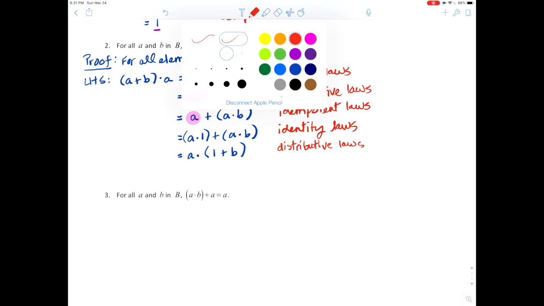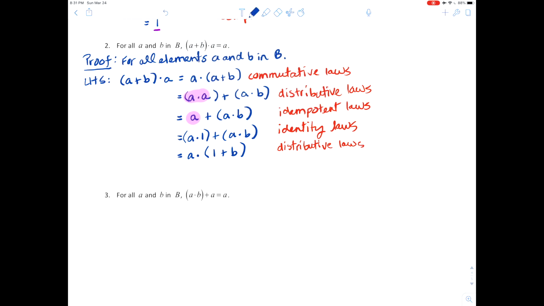And then next up, what will we have? Well, if we commute the B and the 1, I think that'll be useful, where the sign is the or statement.